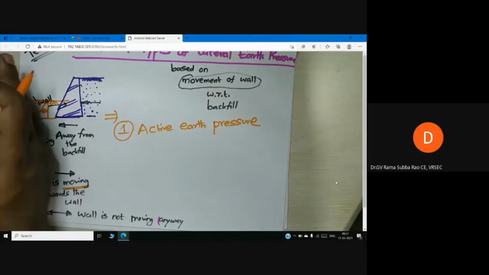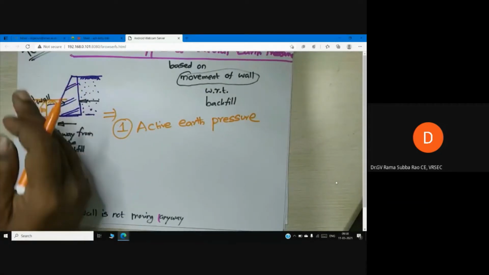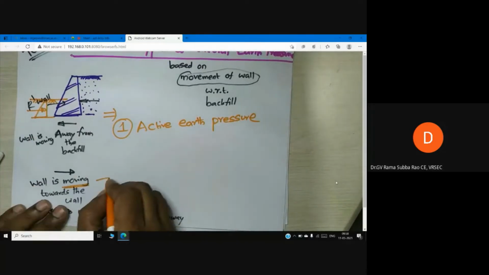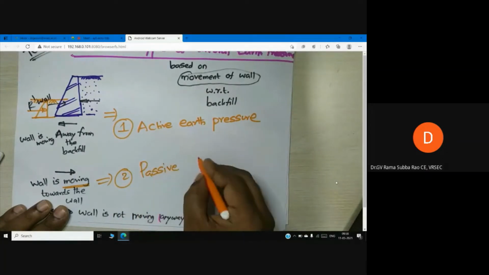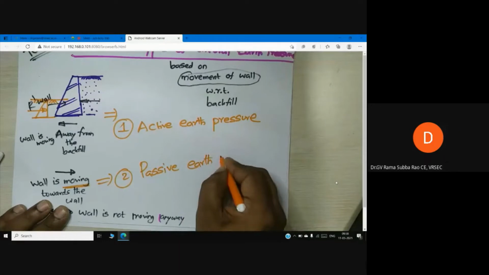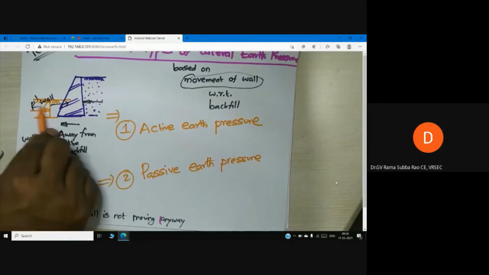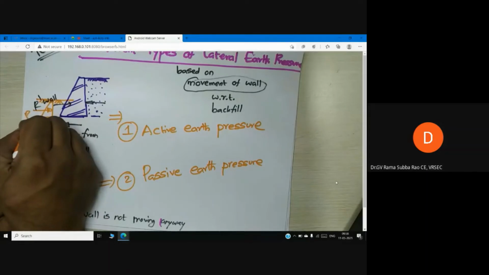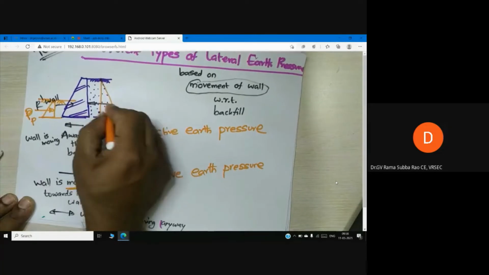The wall is moving towards the backfill now. This is what I would like to call passive earth pressure. That's why this side we write passive force, and this side we write active force.